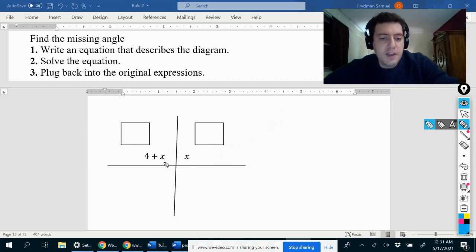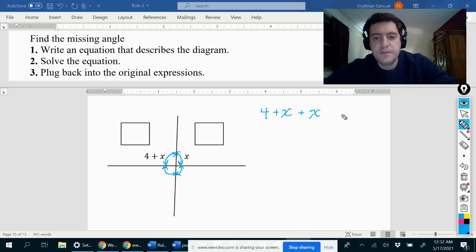Now you might be thinking, well, this angle plus this angle plus this angle plus this angle makes a full rotation. So you might be thinking, well, okay, so let's do 4 plus x, which is this expression, plus another x, which is this expression, equals 360.